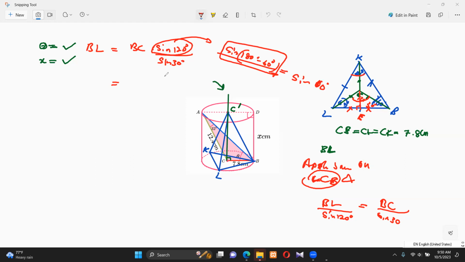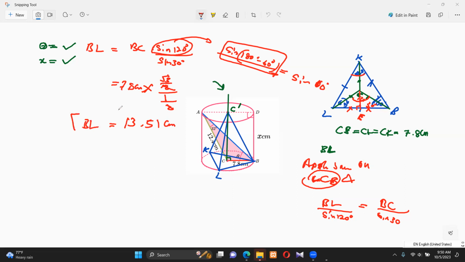Then these two cancel off when we substitute BC equals 7.8 centimeters. So 7.8 times the square root of 3 equals 13.509, which rounds off to 13.51.